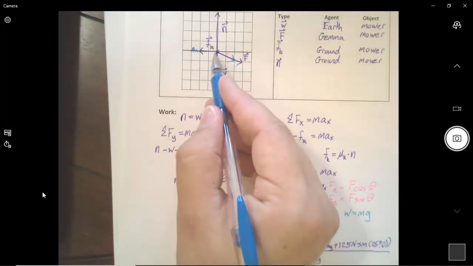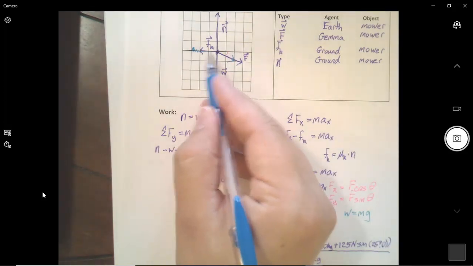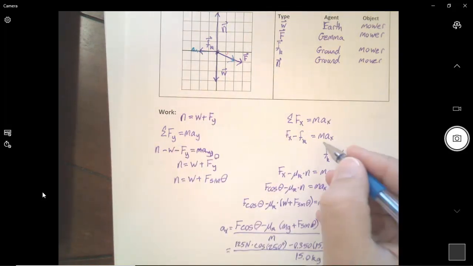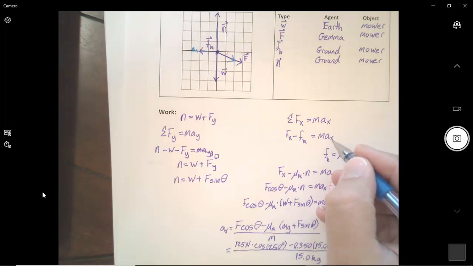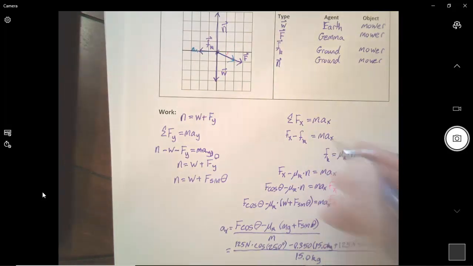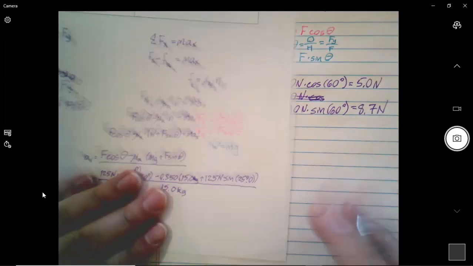The algebra that we've already done is going to stay the same. So let's pick a convenient line to jump into. What has really changed compared to before? It's the acceleration. The acceleration is now 0 because we're going at a constant velocity.